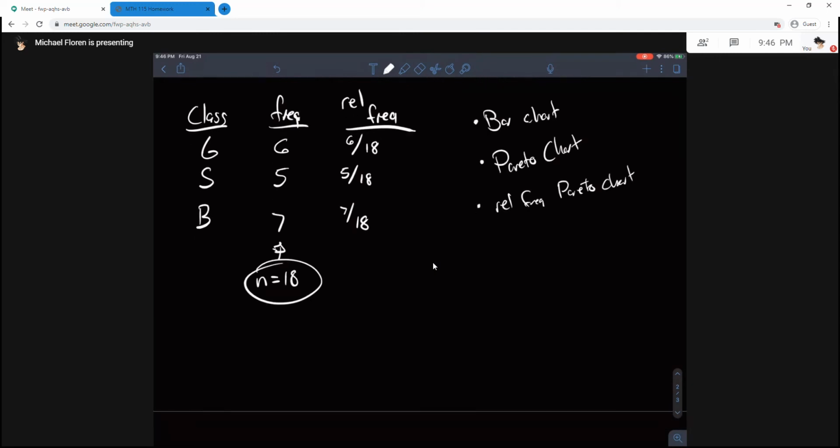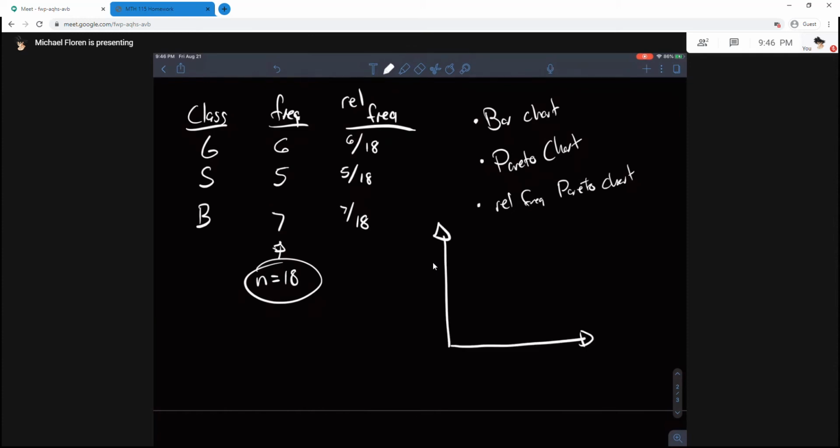Okay, so for the bar chart, we have our y-axis and we have our x-axis. Bar chart by default just has regular old frequencies. And then for my boxes, I just have gold, silver, and bronze as my labels. And my x-axis label is probably going to be medals or something like that, or Olympic medals.